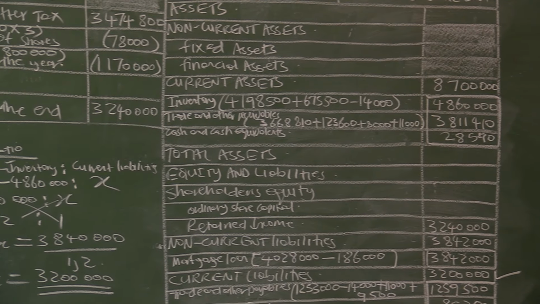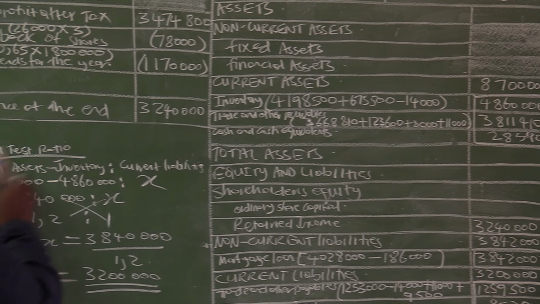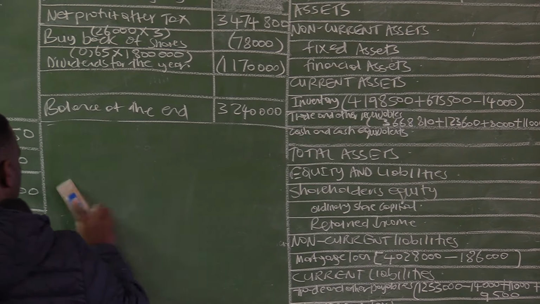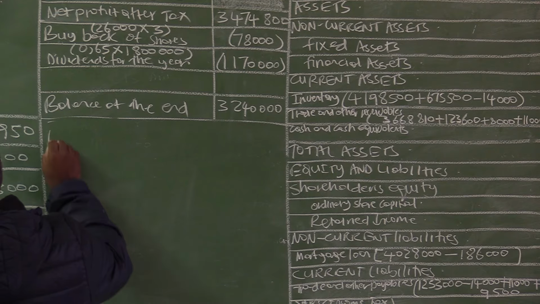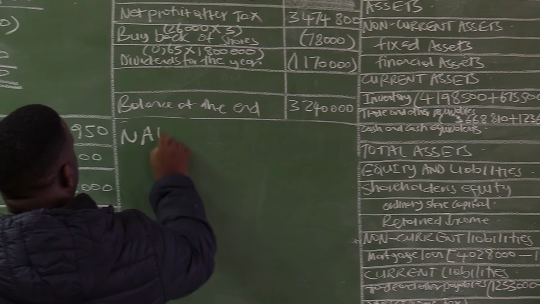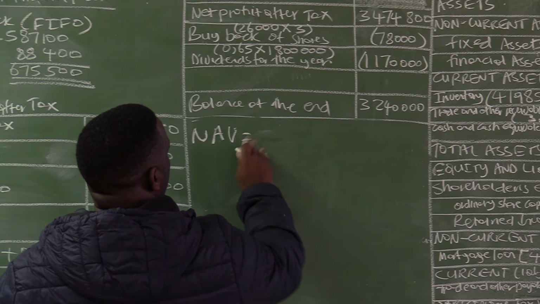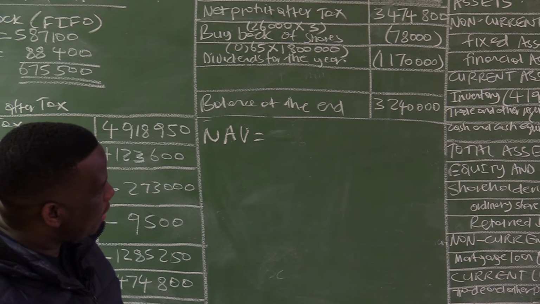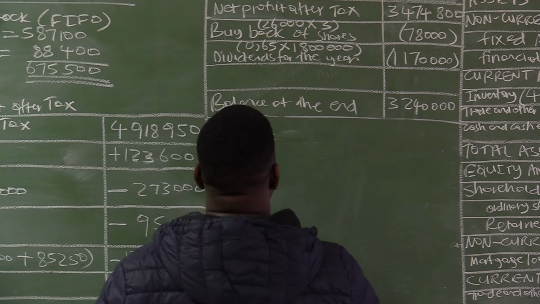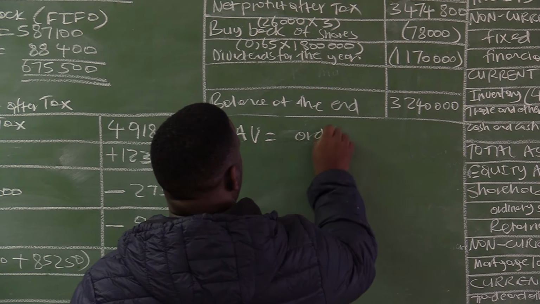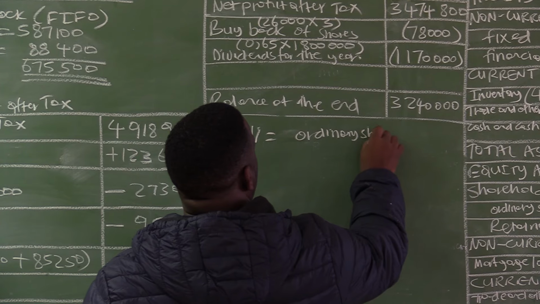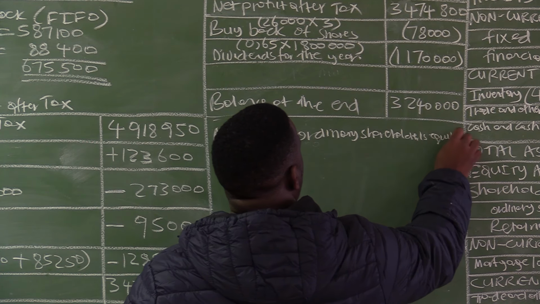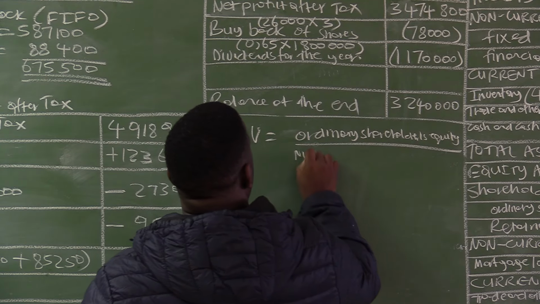What has been given here is the net asset value per share. Let me clean this one. I hope you have jotted it down. Now we need the NAV, net asset value per share, which equals ordinary shareholders' equity over number of shares issued.